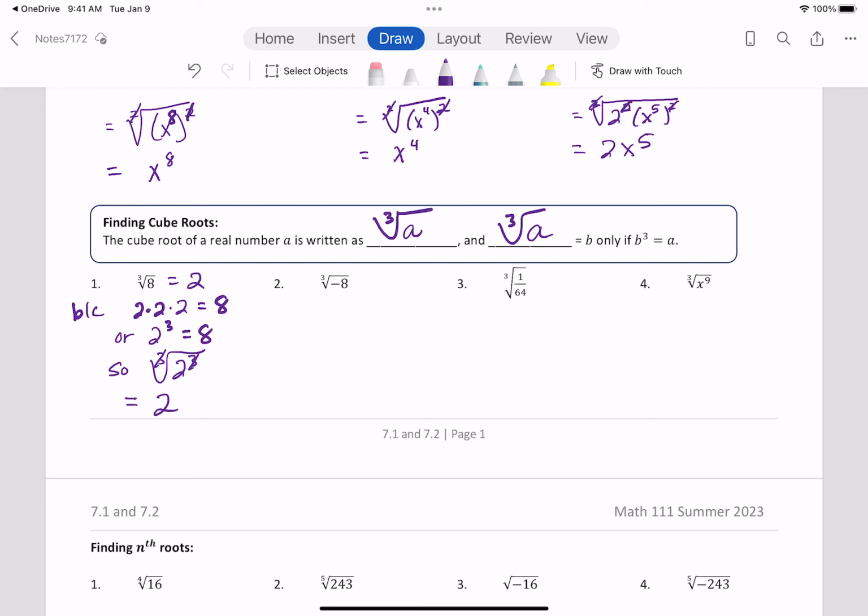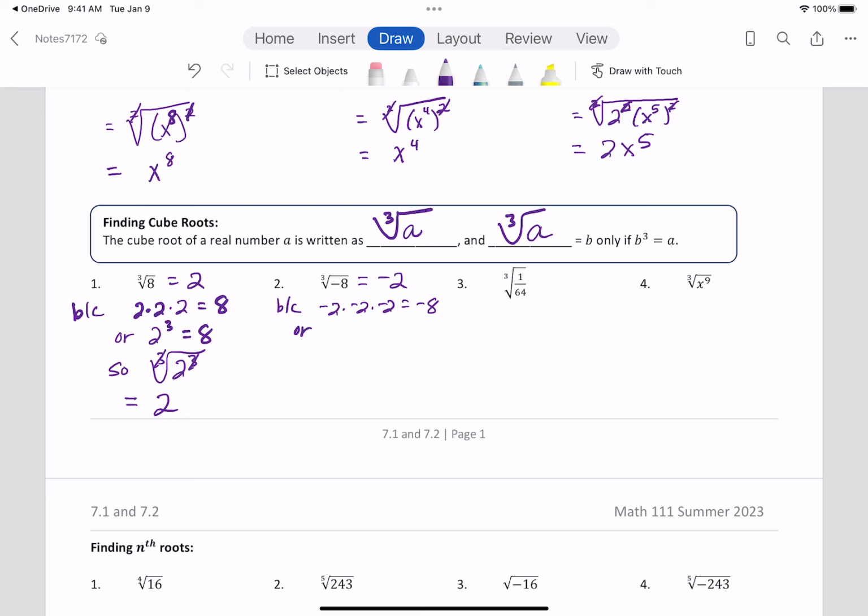If you want to prove that to yourself too, you can put in the calculator cube root of -8, and it'll tell you it's -2. The reason that this one is okay is because -2 times -2 times -2 is -8. So when we're dealing with an even power, nothing times itself can give me a negative. But if the power is odd, if I multiply an odd number of negative things, I get a negative.